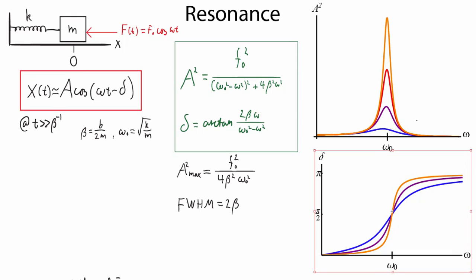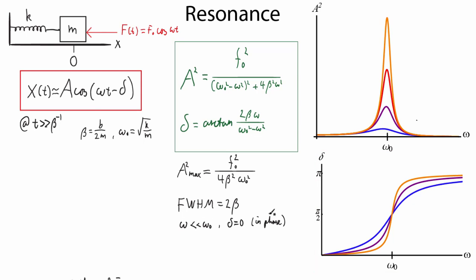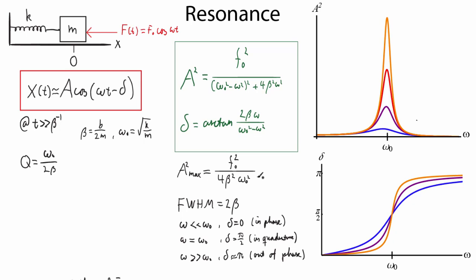And let's now summarize what we found out about the phase. And we define the Q factor. That means we can rewrite both the maximum amplitude and the full width at half maximum accordingly.